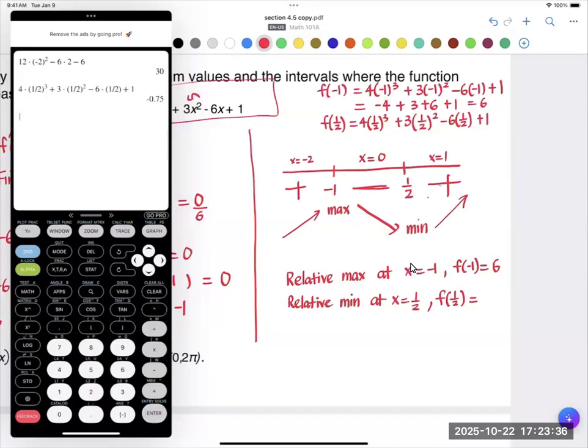This is going to give you negative 0.75, or as a fraction, negative 3/4. So the relative maximum will occur at negative 1, and the maximum value will be 6. The relative min will occur at x equals 1/2, and the minimum value will be negative 3/4.